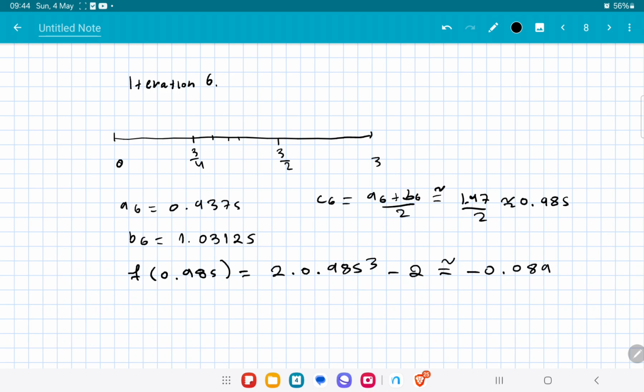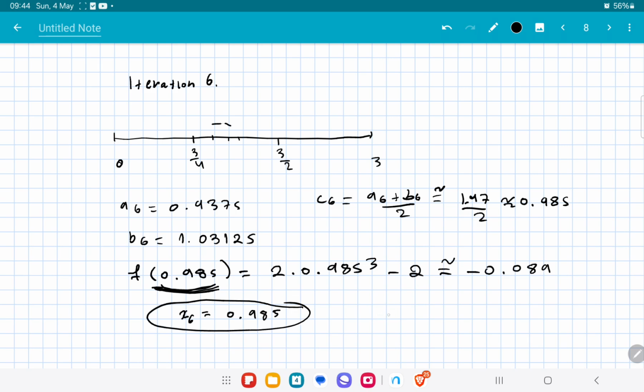So it approaches close to 0. You see we are making the interval smaller and smaller, and this is going to be my x6 after 6 iterations, 0.985.